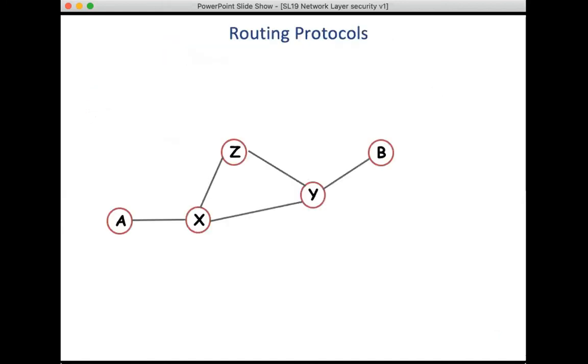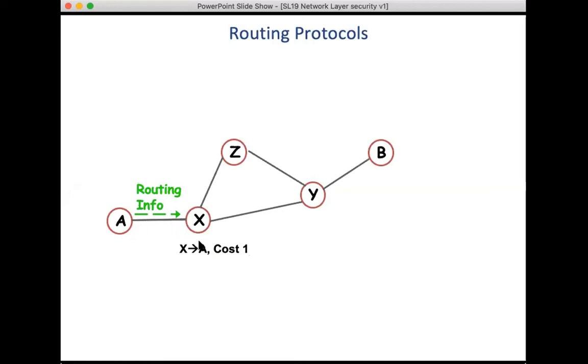All right, so let's look at this example. This defines a routing protocol between nodes A, X, Z, Y, and B. These are the nodes, a very small network shown here. Now A will send routing info to X. So X will know that A is connected to it with a cost of 1, assuming that the cost is 1.